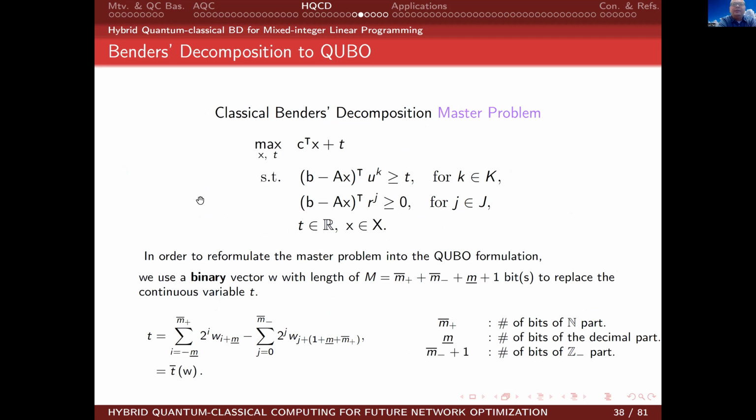So you can see here we introduce binary variables to represent the numerical value t, so that it can be a binary representation for this numerical value.